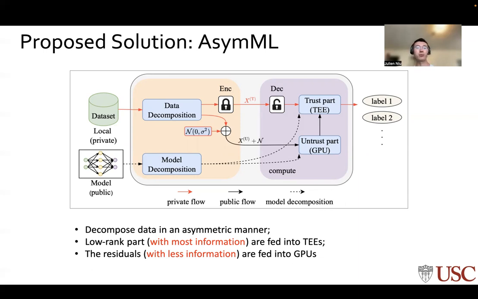On the other hand, the residuals are not low-rank, but they have less information about the dataset. So most of the computation is actually offloaded to the residuals. Then we accordingly decompose the model into two parts. The first part is performed in TEEs and reads the low-rank part XT. The second part is performed in the GPUs and reads the residuals XU.